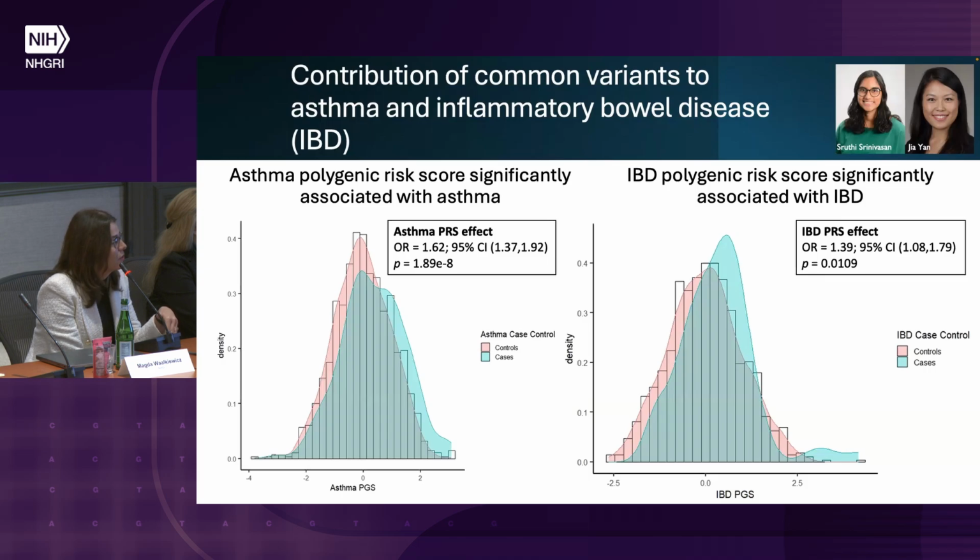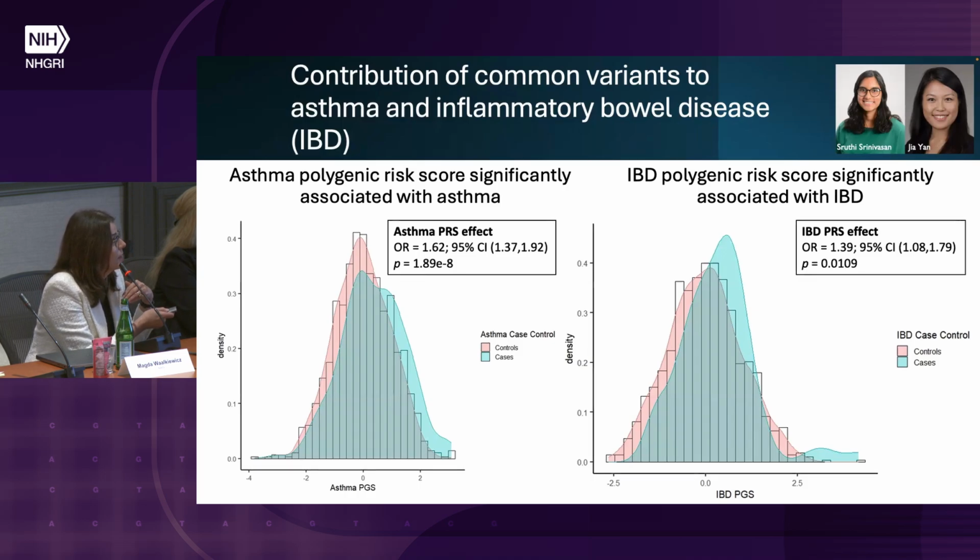There is quite a bit of evidence that common variants in the form of polygenic risk scores modify the phenotypes that we look at, and some effort that we basically started at the beginning of 2024 was to utilize the data that we already have and look at whether those polygenic risk scores associate with some of the phenotypes that we often see in our diseases.